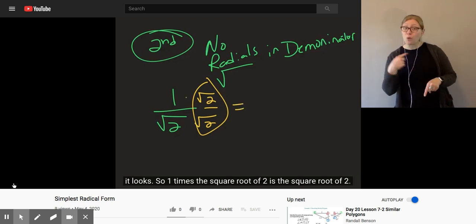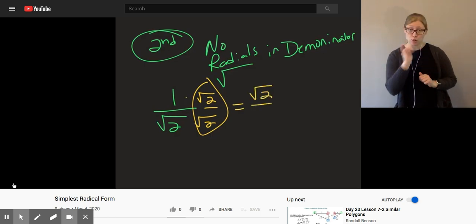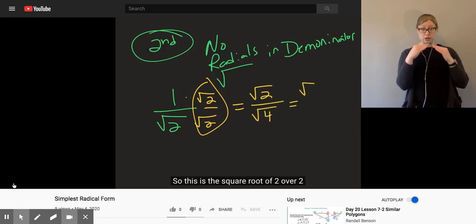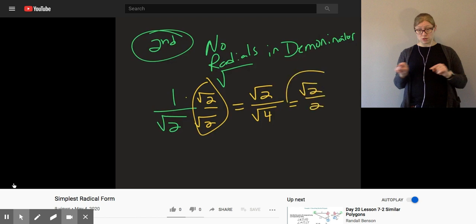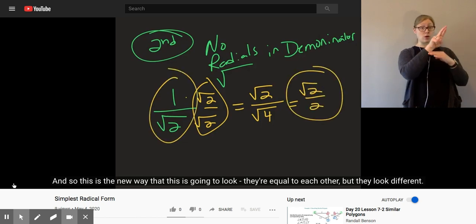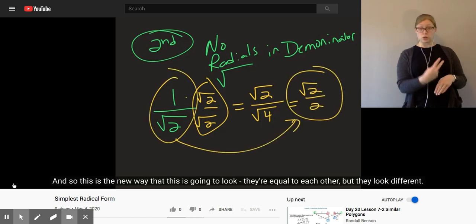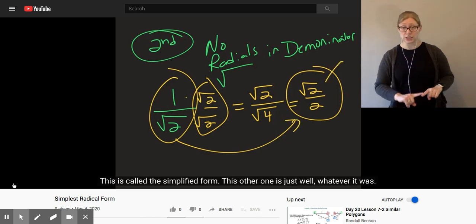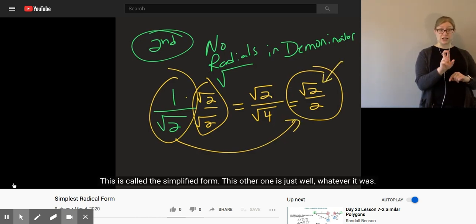So 1 times the square root of 2 is the square root of 2. And square root of 2 times the square root of 2, well, that's the square root of 4. So this is the square root of 2 over 2. And so this is the new way that this is going to look. They're equal to each other, but they look different. This is called the simplified form. This other one is just, well, whatever it was.